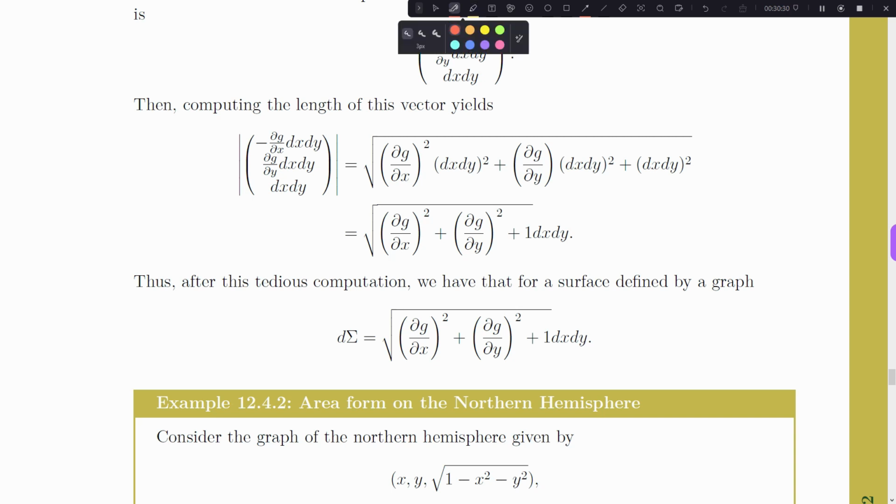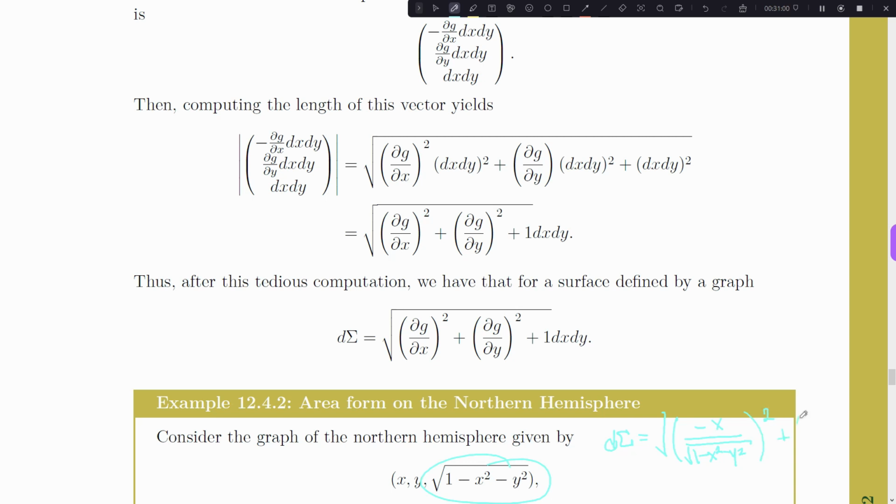And then if we want to compute d sigma here, we need the partial derivative of this with respect to x and then with respect to y. If I take it with respect to x, I'm not going to waste your time here, but I know some of you might be unsure about it. You get negative x over root 1 minus x squared minus y squared.